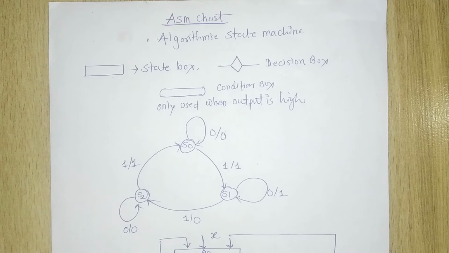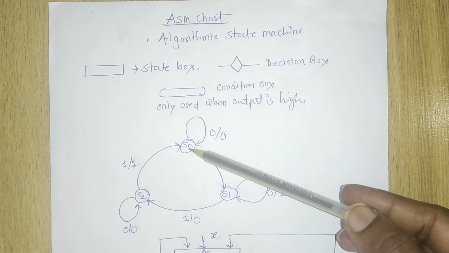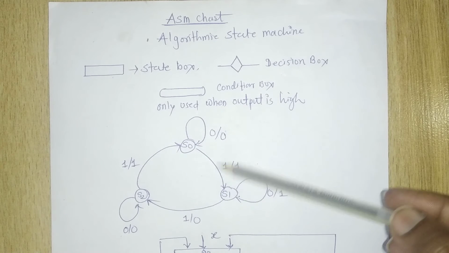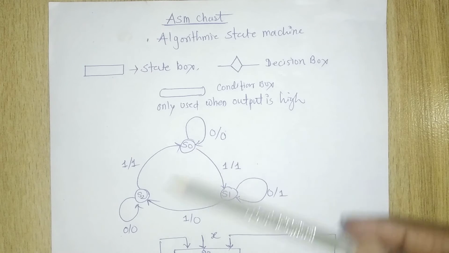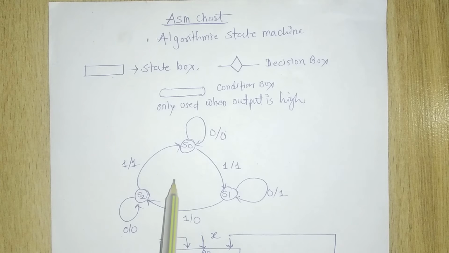Now you can consider there is a finite state machine. As you know, in a finite state machine or finite state automata, we have used states and their transitions. So in this diagram you can see that there are states S0, S1 and S2.